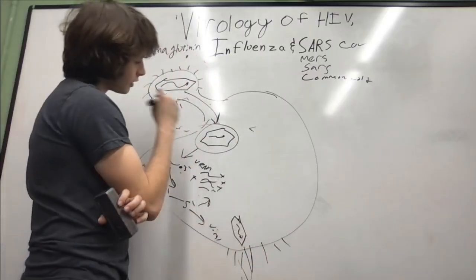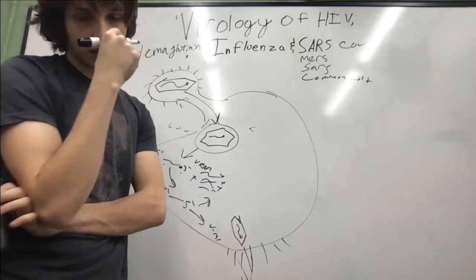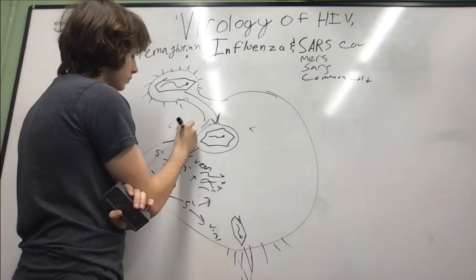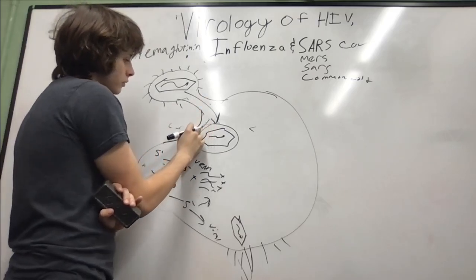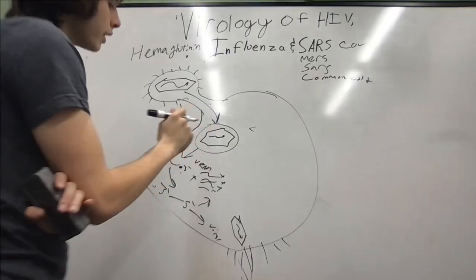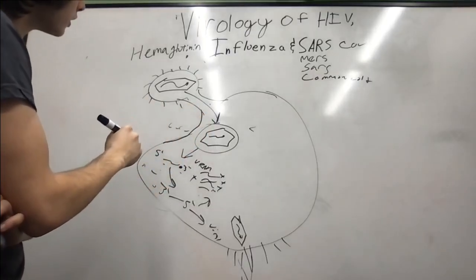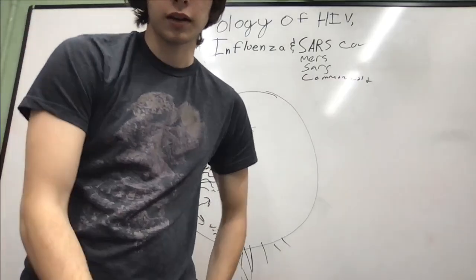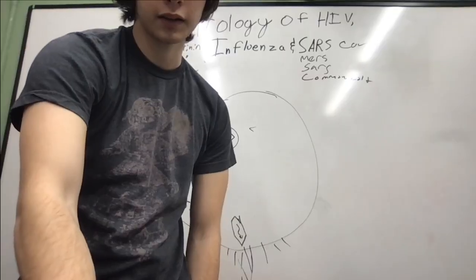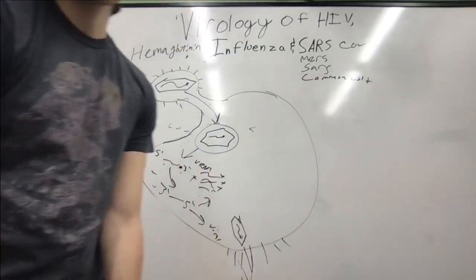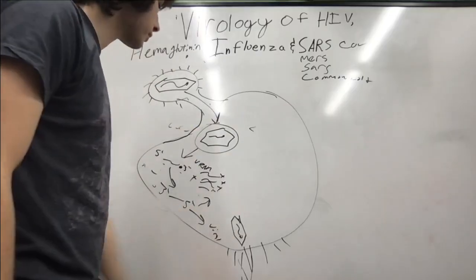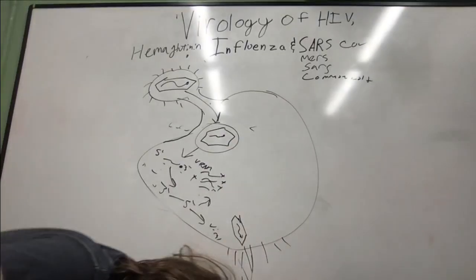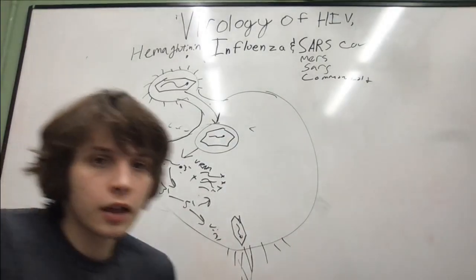So it doesn't really affect the cell that much, and that's why it's not a particularly deadly disease. But it has a very sophisticated mechanism. Like, it's very simple and effective. So that's the life cycle of SARS-CoV. And that's all the virology you need to know for this exam. Thank you.